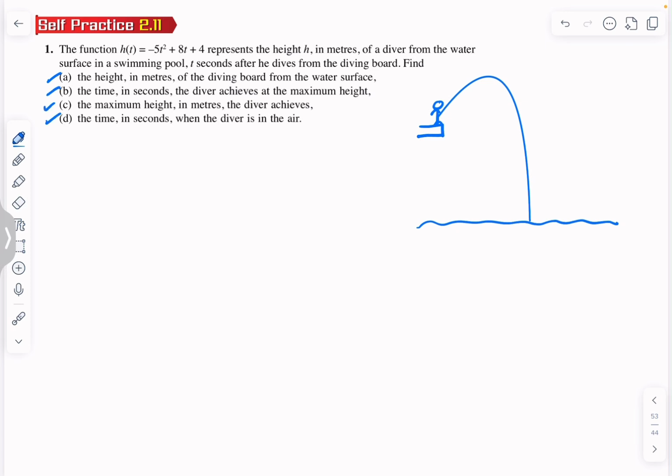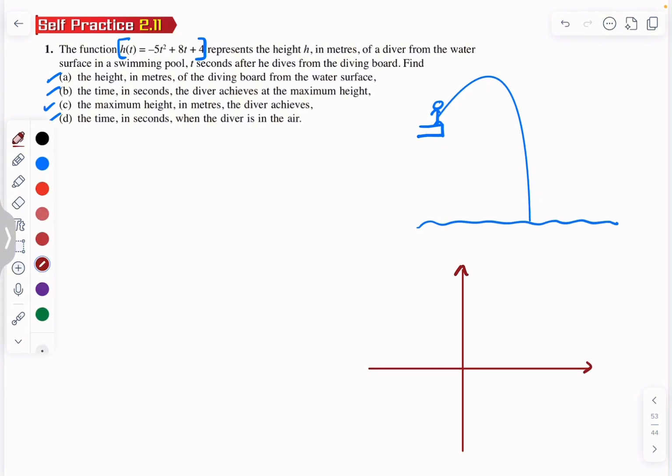Okay, right. So first what we can do is we convert this equation and try to put this into a graph. So let's say this is our graph. This is the y-axis, x-axis. Then we draw.